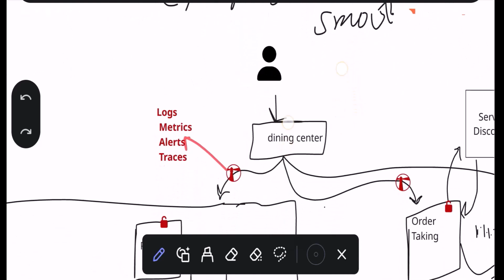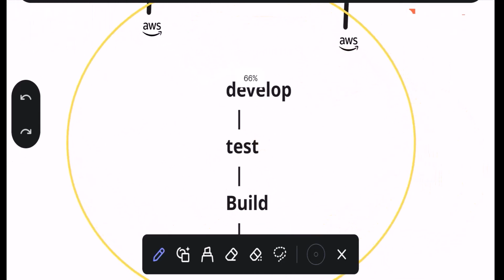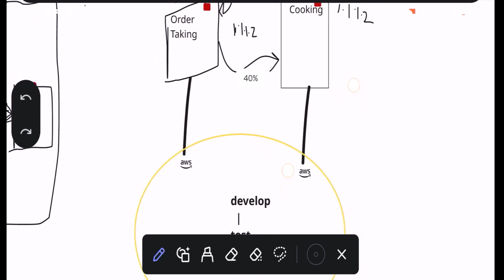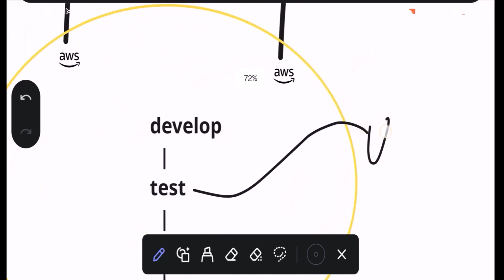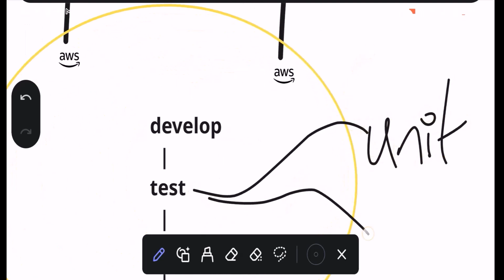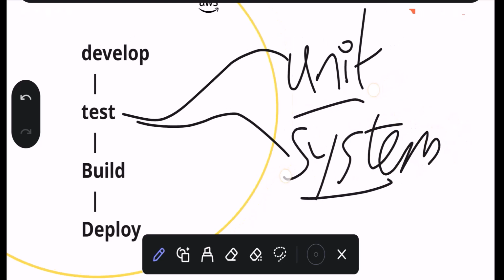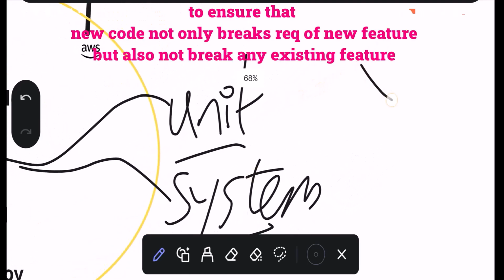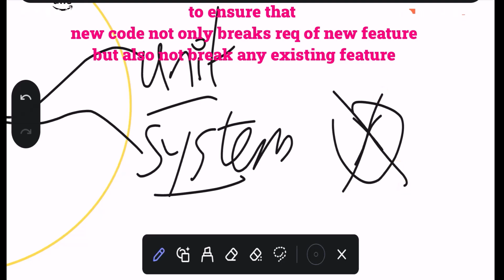So what happens is that we utilize this principle: we develop in each code base for each microservice, then we perform tests like unit tests or system tests. Why do we perform these tests? So that our new code not only does not break this service, but also does not break the functionalities of the whole system.